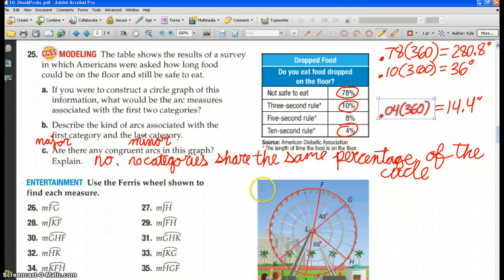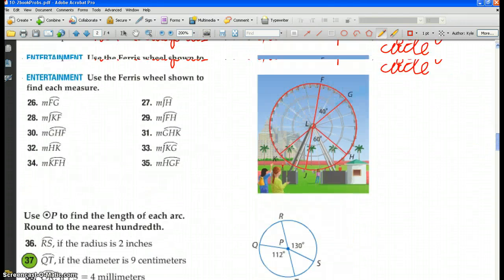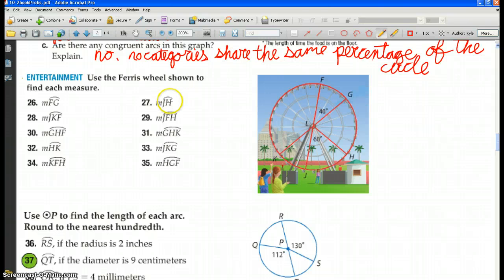In the next section, use the Ferris wheel shown to find each measure. Number 27, measure of arc JH. JH, we want this arc from here to there, which is the same as its central angle, which is 60 degrees.